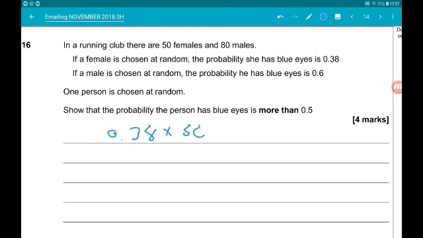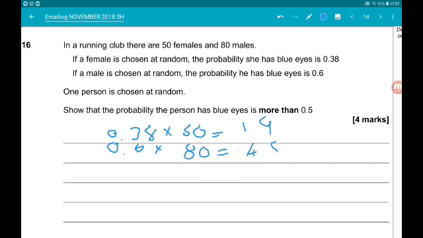And for the blokes, we just do 0.6 times 80, and that gives us 48. So, total people with blue eyes is 19 and 48, which is 67.